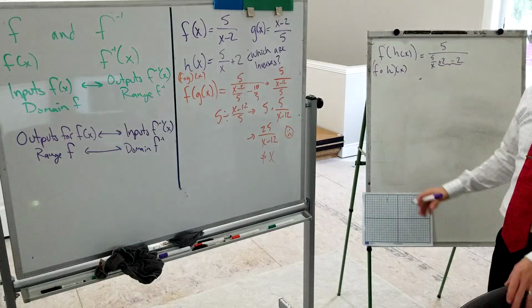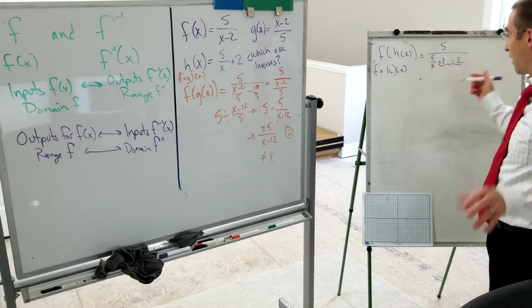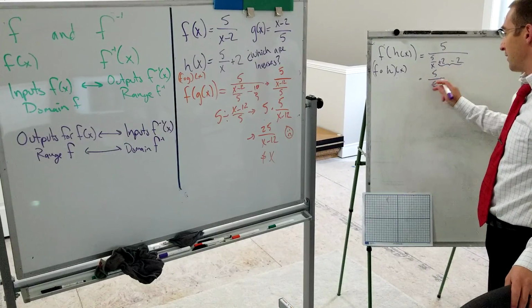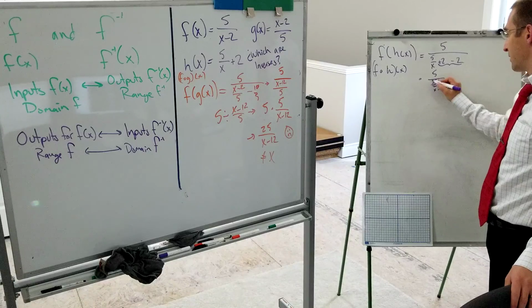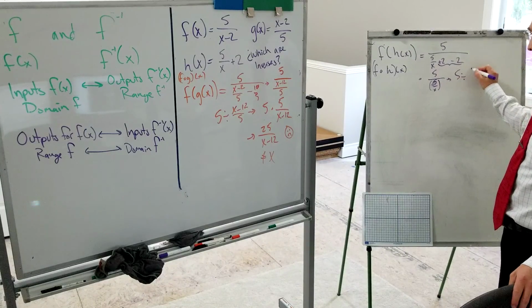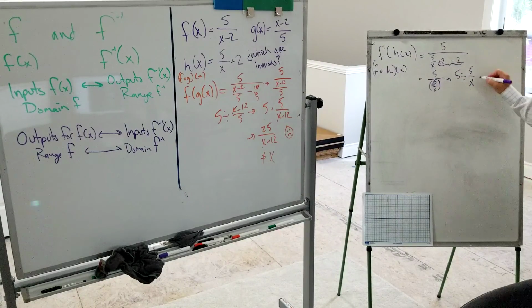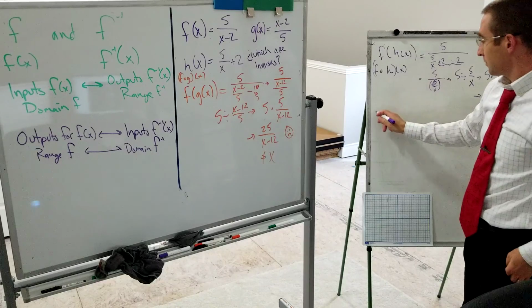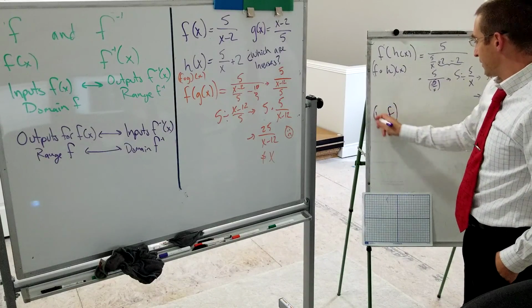Plus 2 minus 2, that's a 0. So we get 5 over x. That's 5 divided by 5 over x. That's 5 times x over 5. It's x. Hooray!